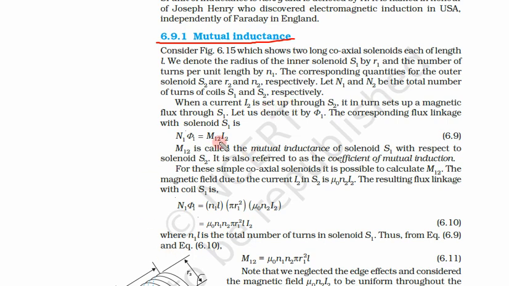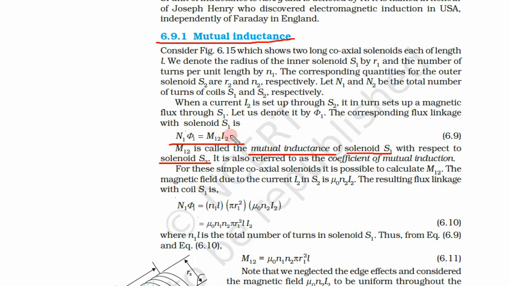So we have already seen the figure and we have reached up to this point. N1 phi1 is equal to M12 I2, where M12 is called mutual inductance of solenoid 1 with respect to solenoid 2. So why do we need it? Because current is I2, not current I1.